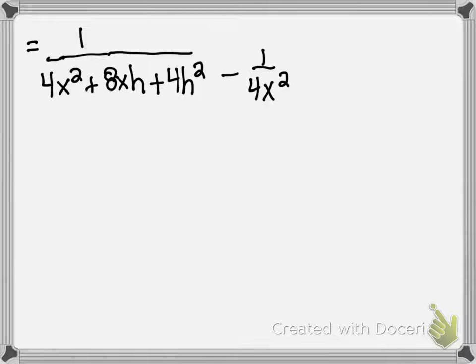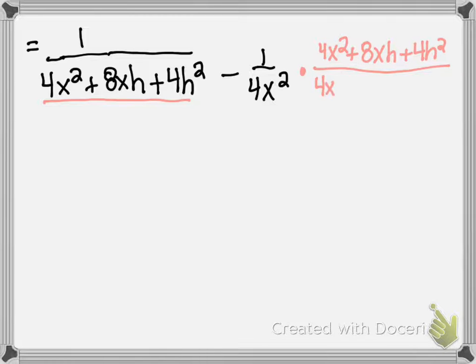So because there is addition and subtraction between each one, we're going to have to multiply them as a whole denominator. So we're going to take this piece and we're going to multiply it over here. So this is going to be 4x squared plus 8xh plus 4h squared. And of course, when we do that, we have to do it in the top and the bottom.